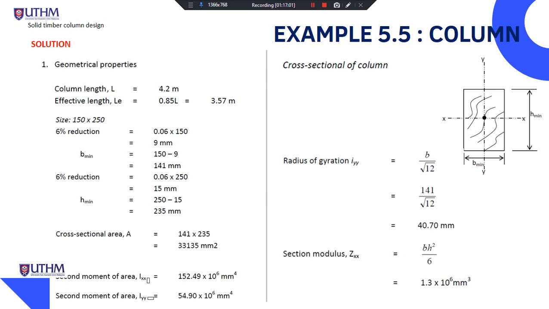So this is the solution. This case is axial compression loading only, so no combination with bending. Our column length is 4.2, and our effective length is 0.85 multiplied with L, thus our effective length is equal to 3.57.